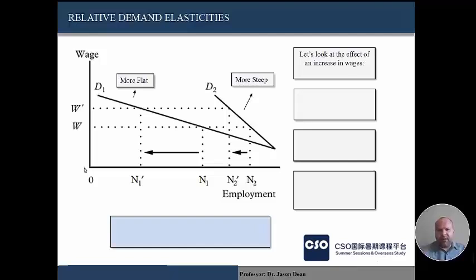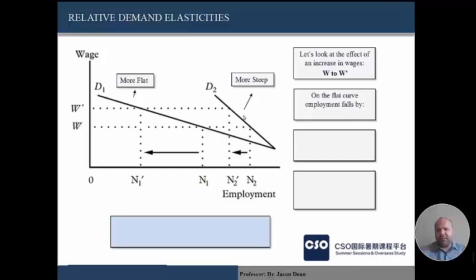If we look at the flat curve, how much does labor change? Well, if the wage increases from W to W prime, the amount of employment is going to change from N1 to N1 prime. So it's going to fall quite substantially.